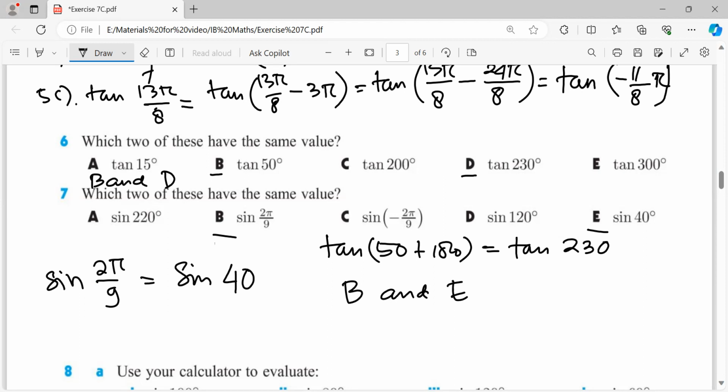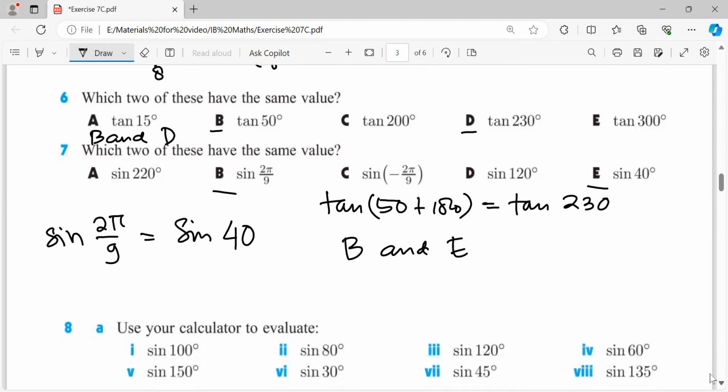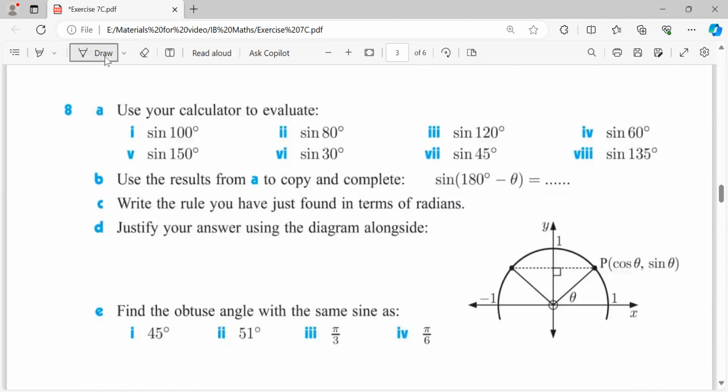Okay. Answer number 8. Use your calculator to evaluate sine 100, sine 80, and so on. So I'm gonna check with my calculator. Sine 80 is 0.985.